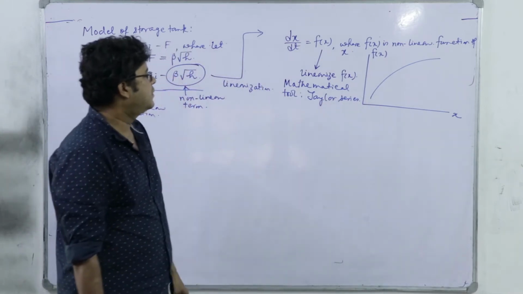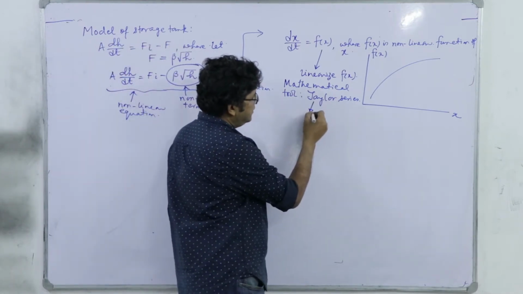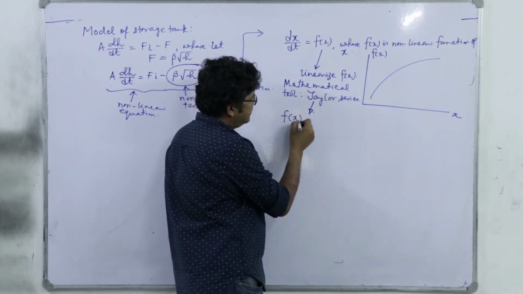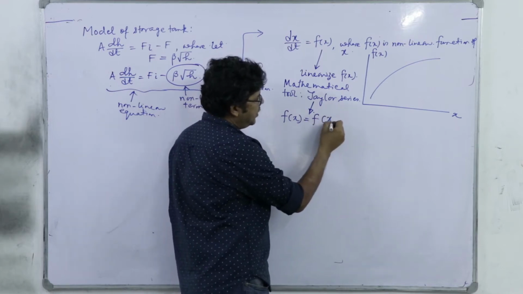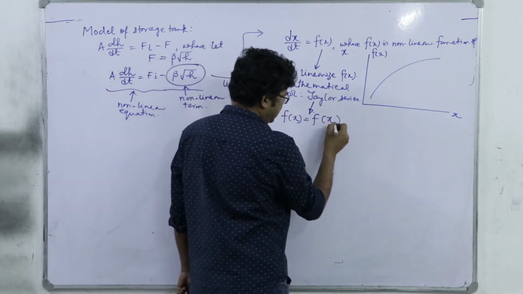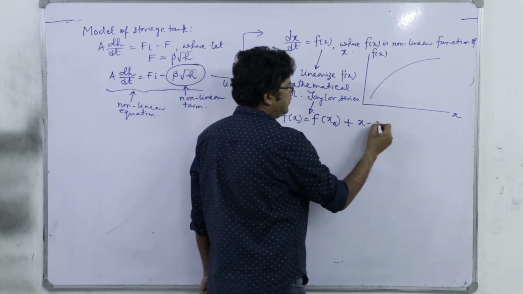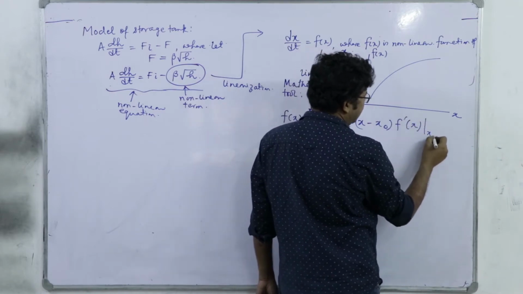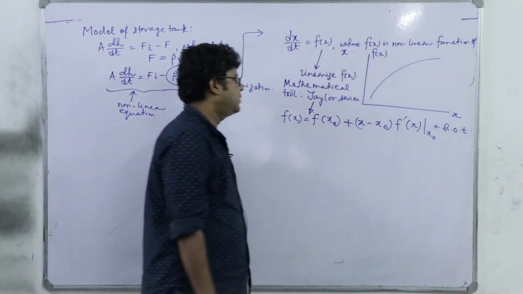right. So, you see what does the Taylor series state? Taylor series states that f(x) can be expanded about any base point xs or x0, let us say, f(x0) plus (x minus x0) into f prime(x) at x0 plus higher order terms, right.